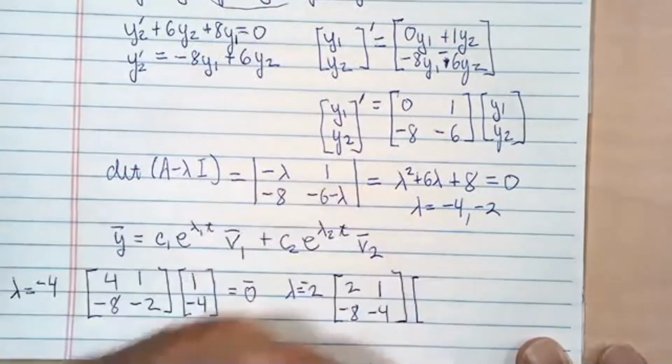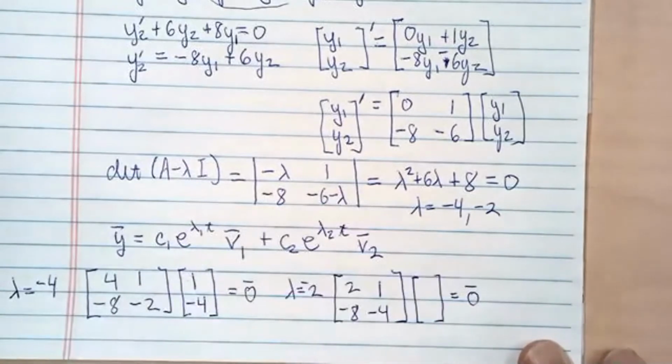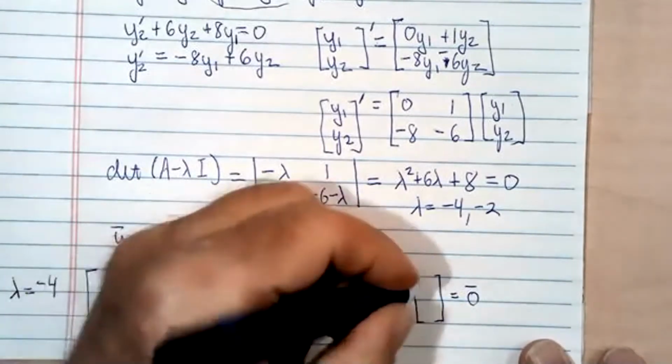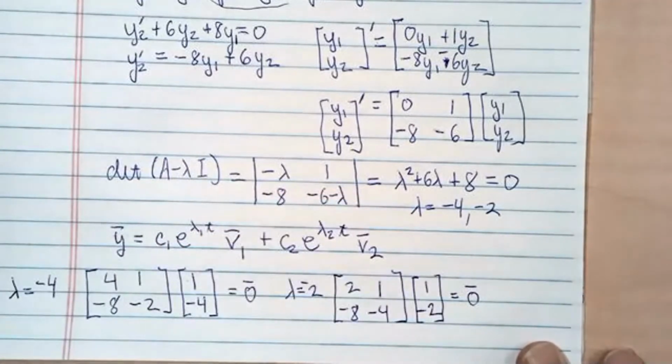So if I can find a vector that will give me 0 on the first row, it'll also work for the second. And let's see, looks to me like 1 and -2 would do. So when lambda is -2, there's an eigenvector that works for that.